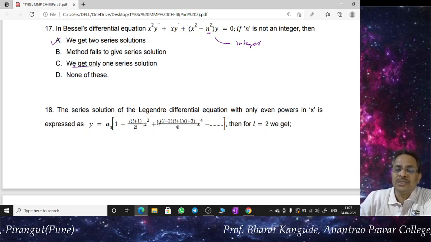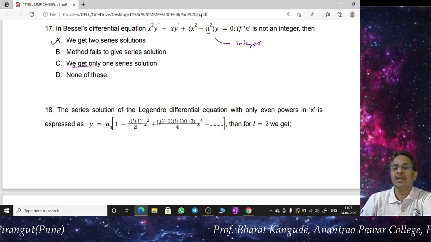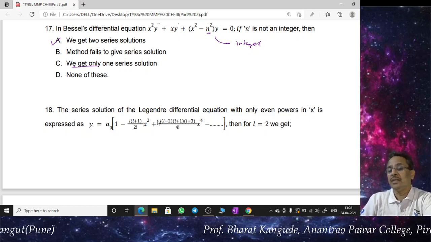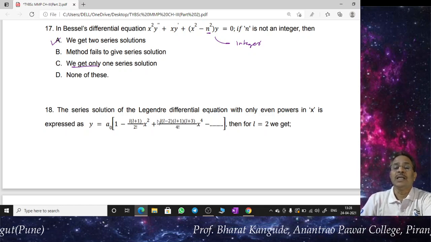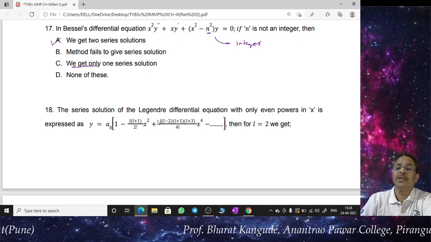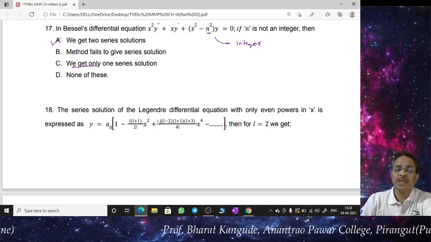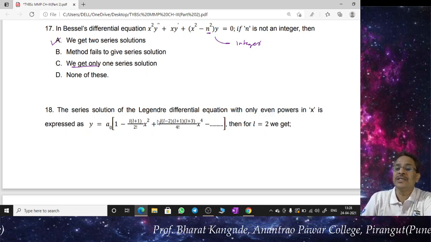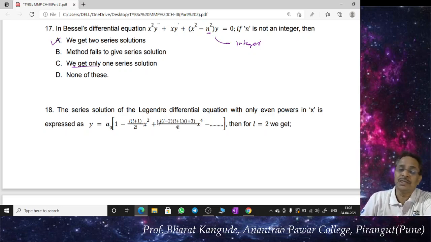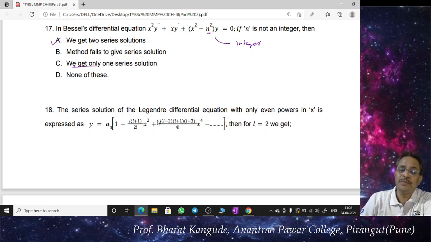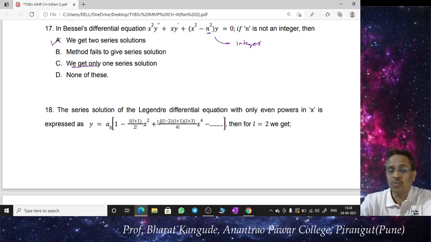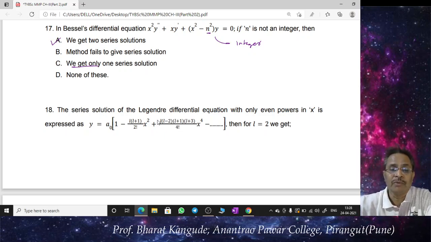So different possibilities are possible depending upon this n given in the differential equation, and that is to be read in this particular paragraph, which will give you the answer. So the correct answer of this question number 17 is A. We get two series solutions provided n is not an integer. If it is an integer, some of options B, C, D may be correct. That is what we have to identify and remember from this.